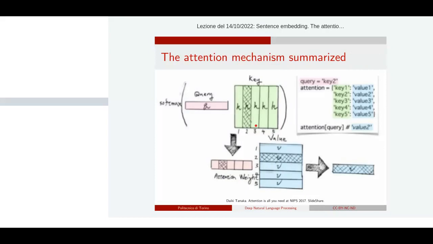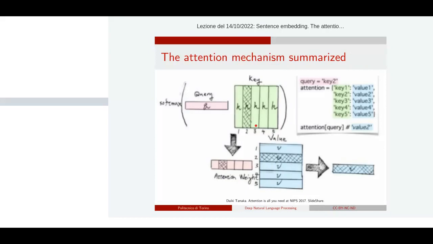Then you have the query here. You compute the dot product between the query, which is a vector of position aware encoding, with the key matrix, whose keys are columns. Each key corresponds to a column vector. The product here is a product of row by column.